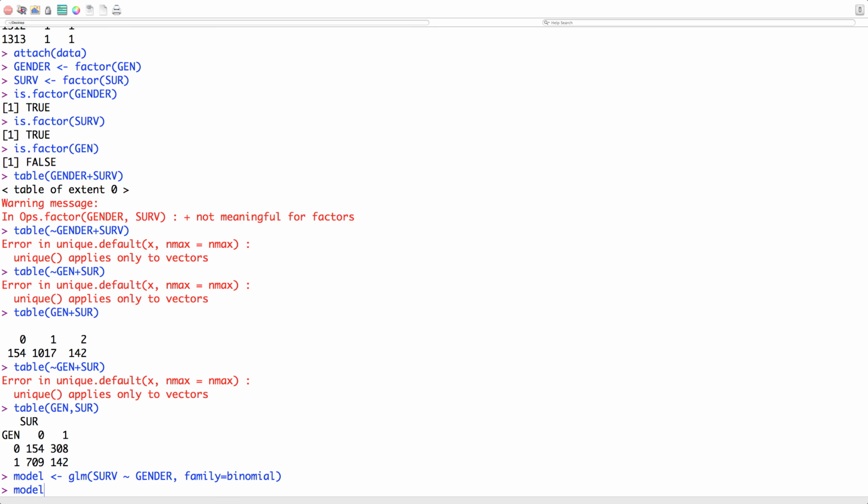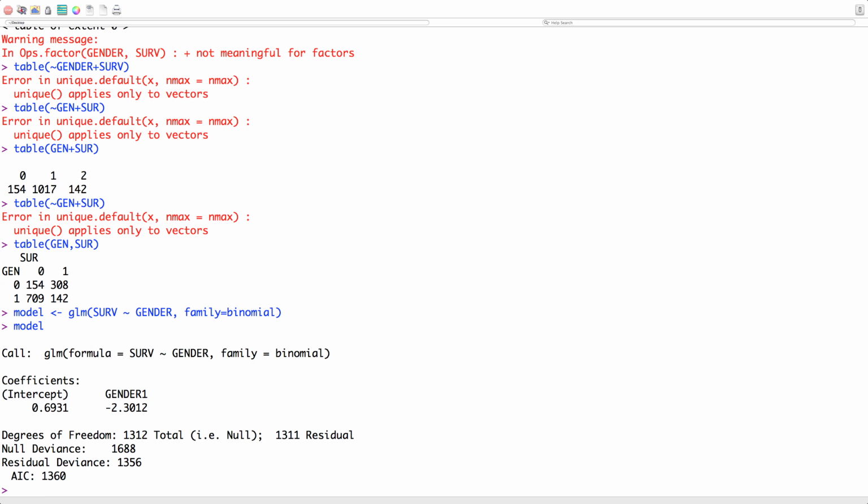So gang, if I look at my model now, you can see that I have my coefficients of 0.6931, just as we calculated by hand. And you can see that for gender, using 1 as the comparison, which would be males, the coefficient would be negative 2.301.